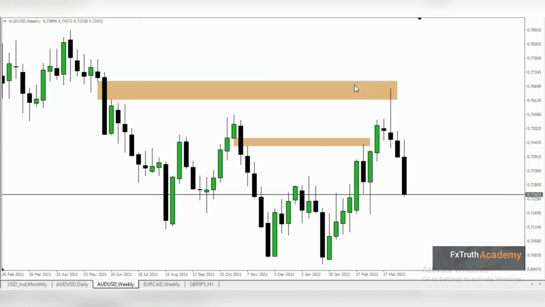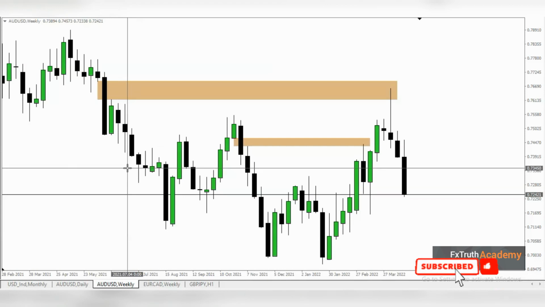And I also analyzed in the last weekly analysis how we traded it on the bearish side. I believe I got to at least the 73,450 level or thereabout. So the fair value gap works like magic.